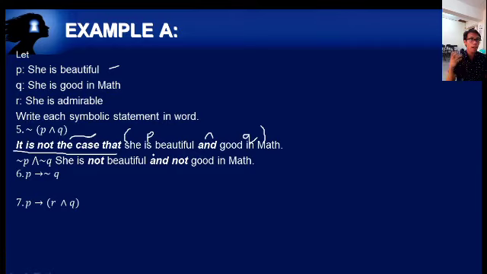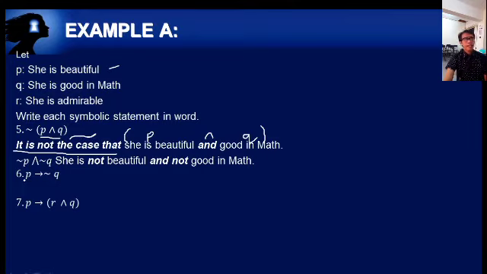Basta ang importante, kung ano ang tinatanong ng variable, i-connect ninyo siya. Pag P and Q lang ang given, she is beautiful and good in math. Since may negation siya sa labas, gagawin mo siyang false statement: she is not beautiful and not good in math. Pero sa totoong buhay, walang pangit, walang hindi magaling sa math. Kahit i-hate mo yung math, magiging magaling ka rin.